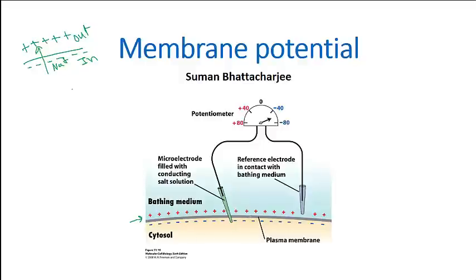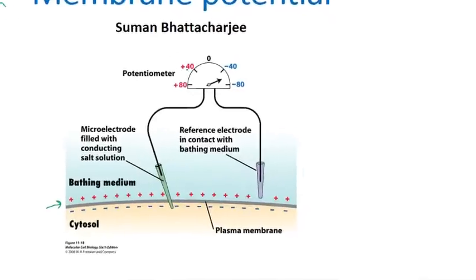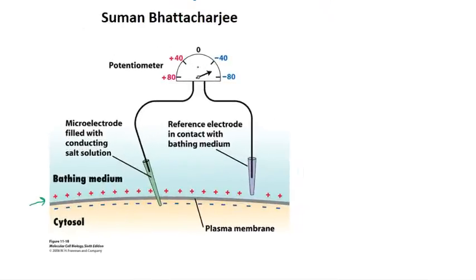Due to this net change, an electric potential is formed across the membrane, normally around minus 70 millivolt. That is known as the resting membrane potential.